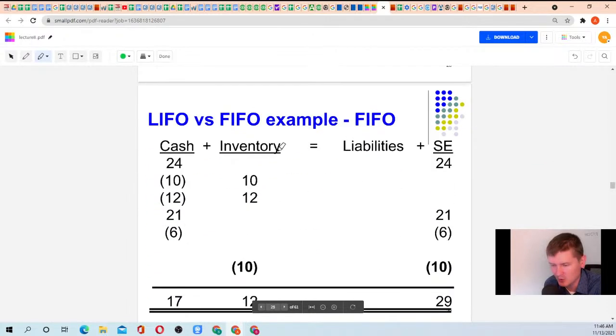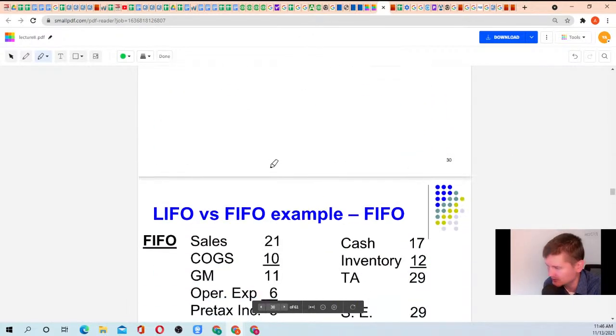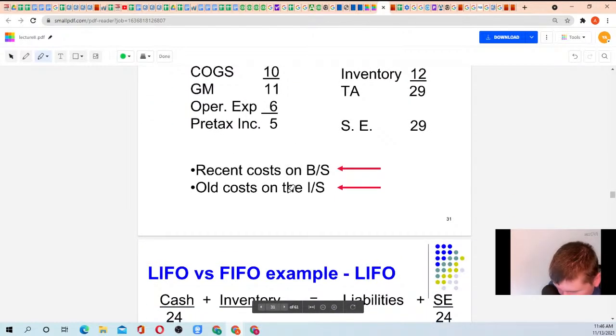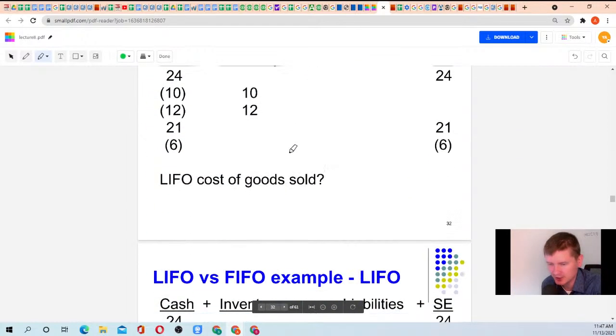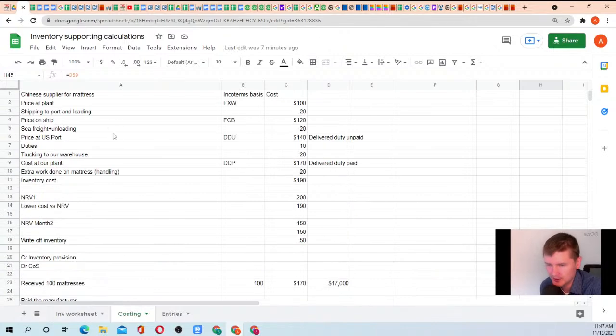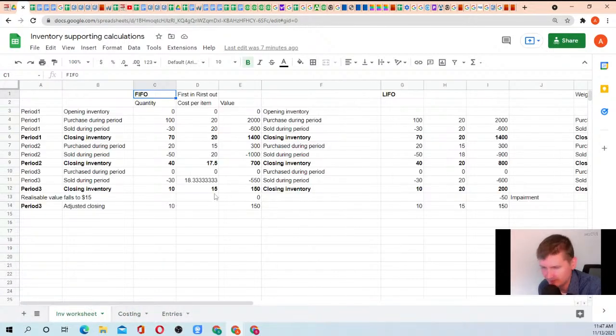Here we have one more example. I will not stop on that today. Here they basically show you what I've shown you in the example in the inventory worksheet. Here I have the LIFO example.